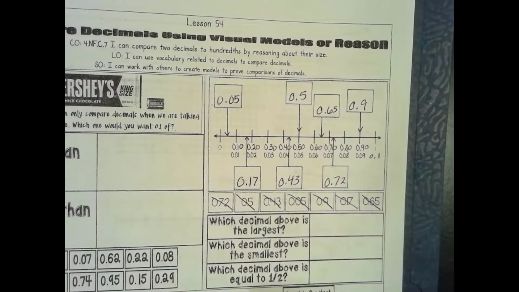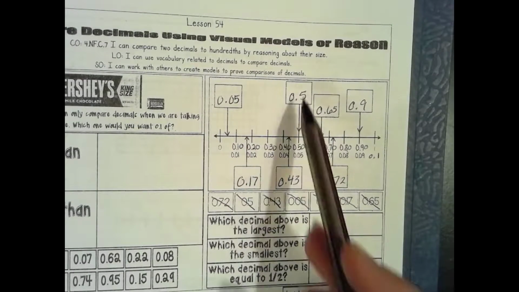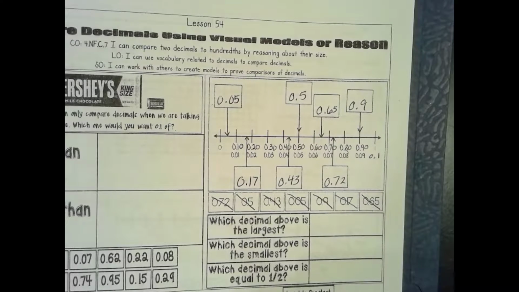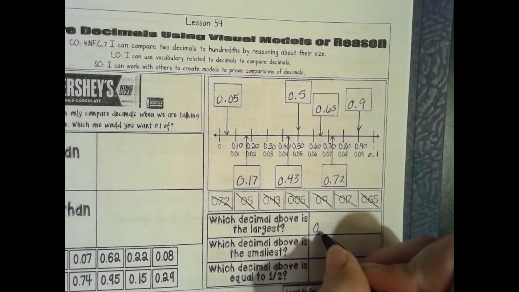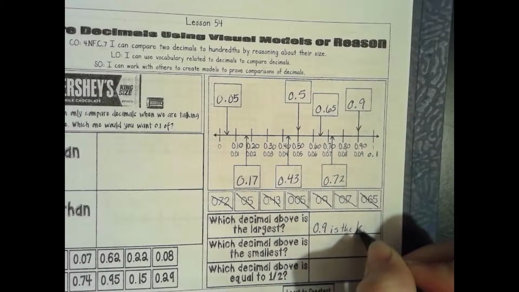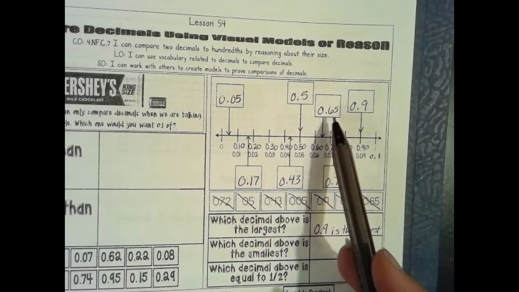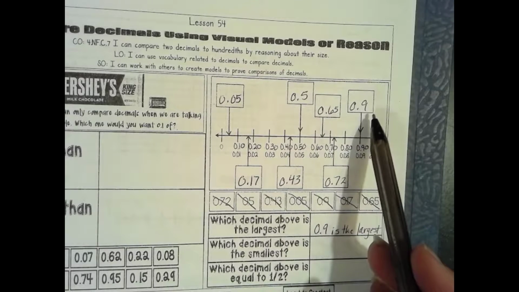So now we can answer these questions based on these numbers in these boxes. Which of these decimals is the largest? 0.9 is the largest. This would be like 90 cents, 5 cents, 17 cents, 43 cents, 50 cents, 65 cents, 72 cents, 90 cents.